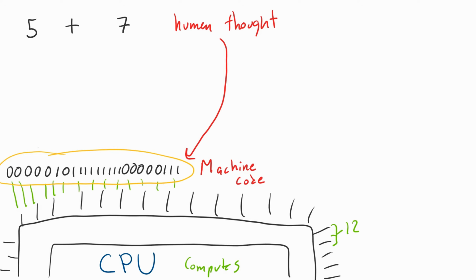Fortunately, someone out there thought, well, I have all these instructions in their binary form. Why don't I give them names? Why don't I give a name to every instruction that the CPU can do? And then I have the programmer, the human, use the name of the instruction, and then I write a piece of software that will convert this instruction to its binary form.